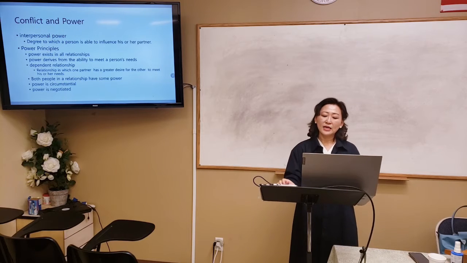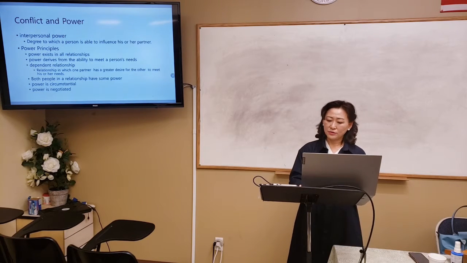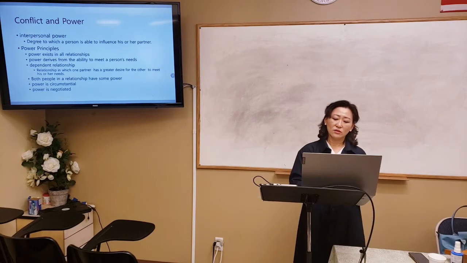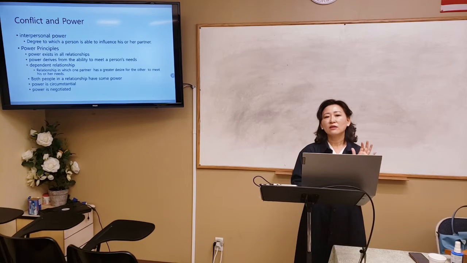Both people in a relationship have some power. When you were a child, your parents clearly had more power than you did. During conflict, especially when you were quite young, they used their power to resolve things in their favor.